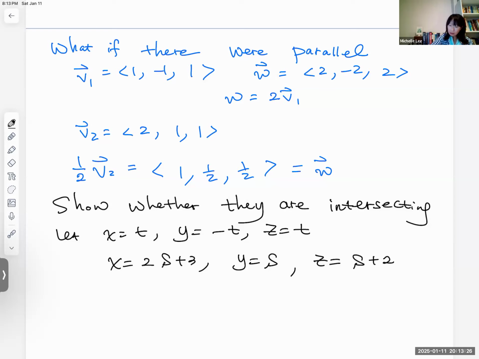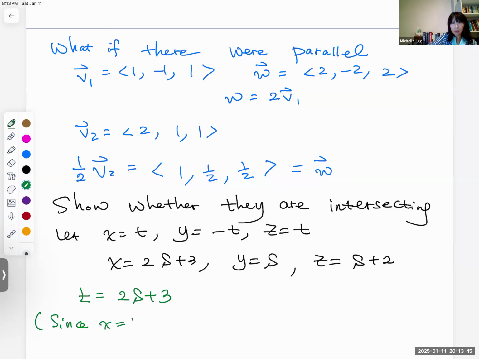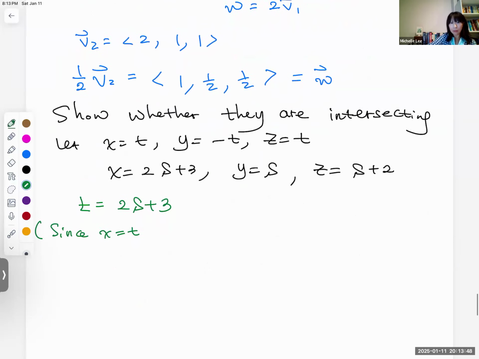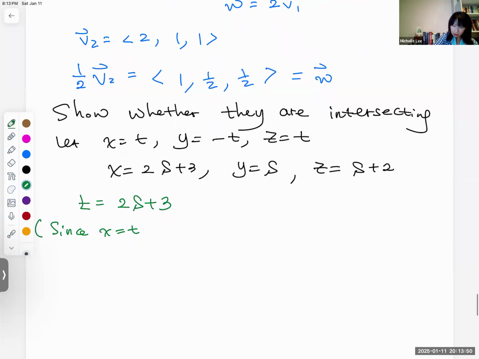Okay, now we will say that t equal to 2s plus 3, because x equal to t. Can you see that? We have x equal to 2s plus 3 and x equal to t. So t equal to that. All right.